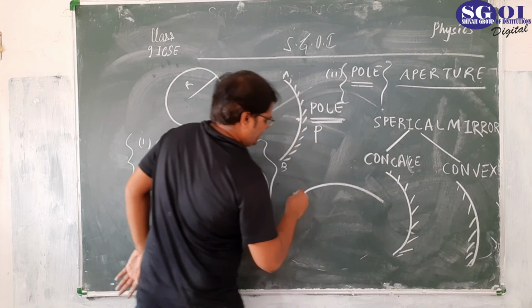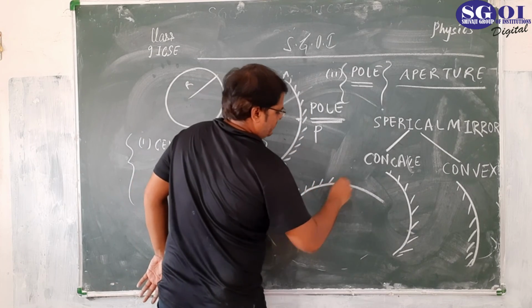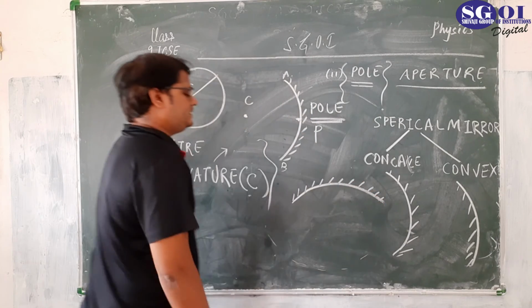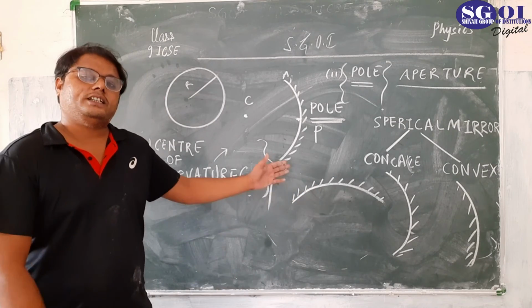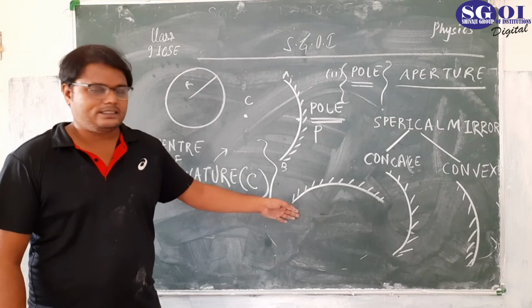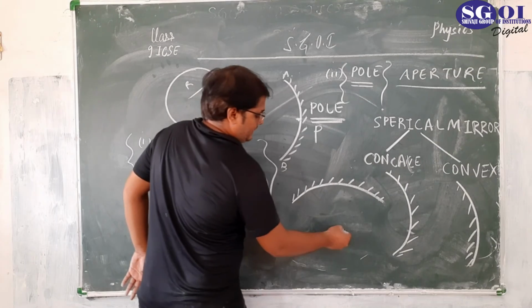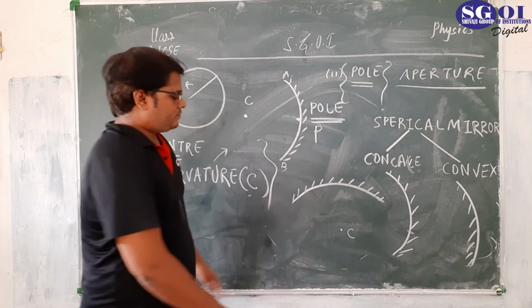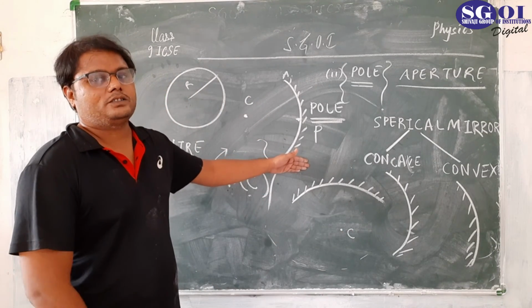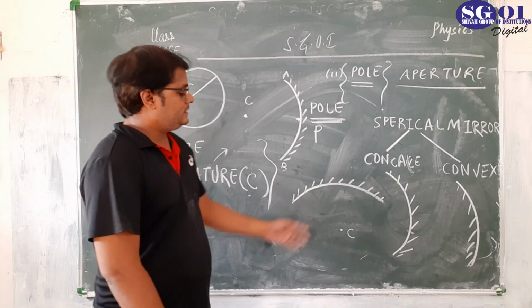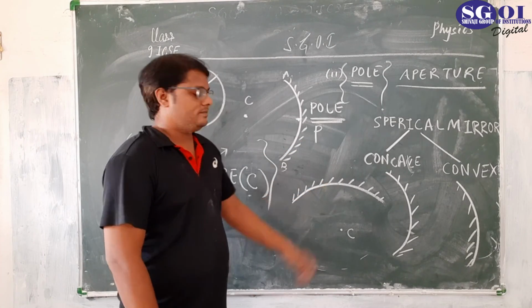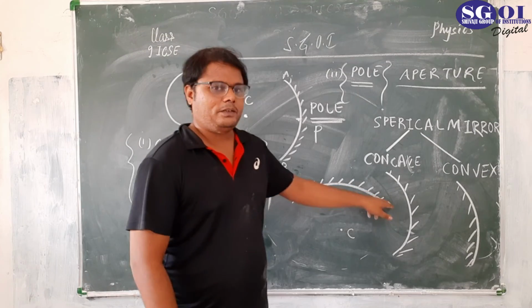Suppose this is our mirror. Which one is it? Convex or concave? Where do you see the polish? On the inner side or outer side? Where does the center lie? The center lies somewhere here. It's on the outer side. That's why it is a concave mirror. And this is its aperture.